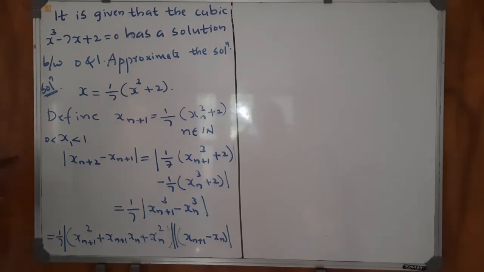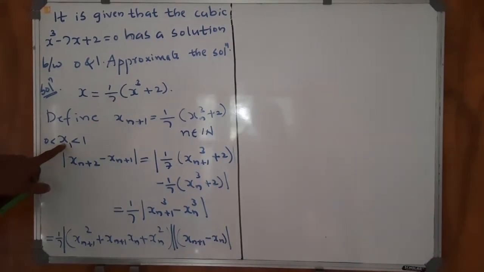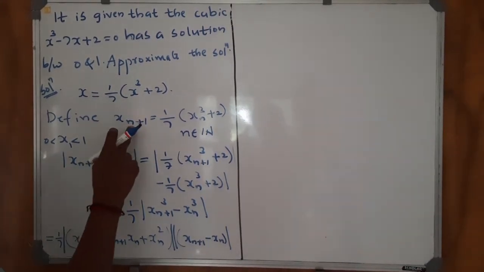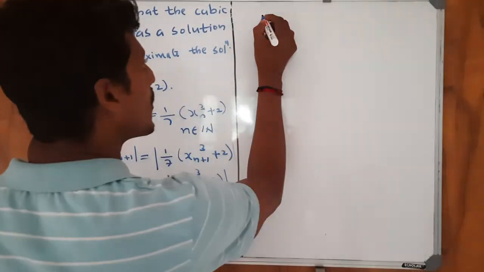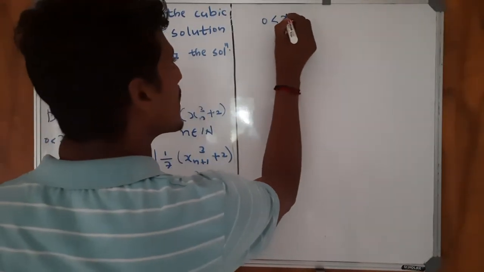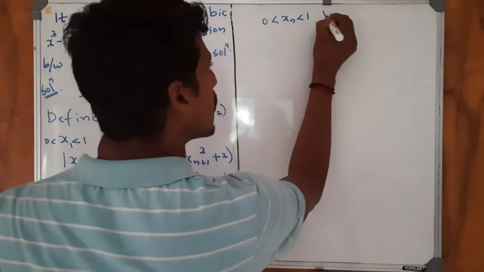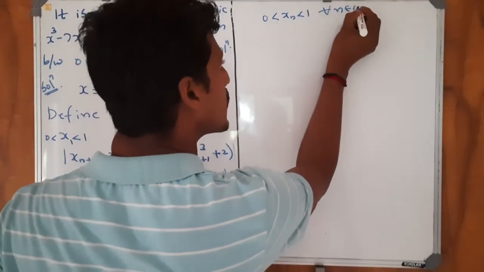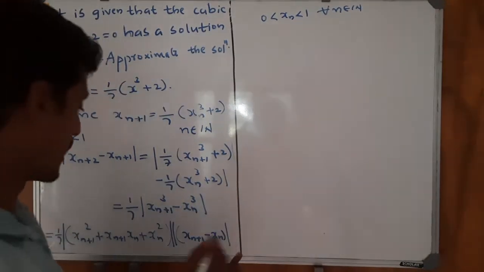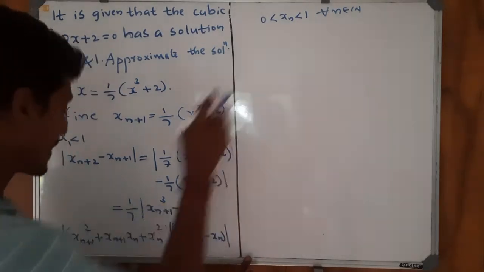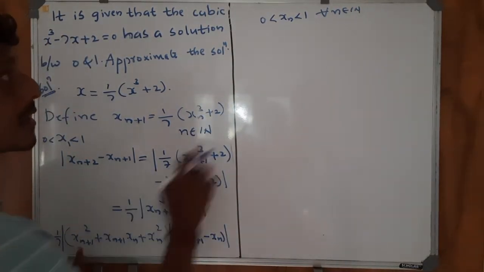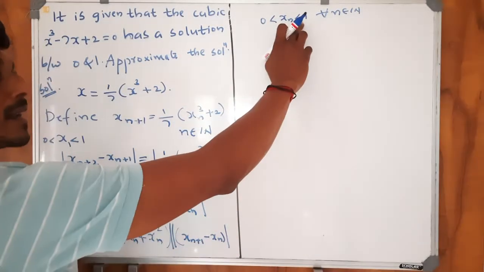And by definition 0 less than x1 less than 1 and xn plus 1 is defined like this. Therefore we have 0 less than xn less than 1 for all n belongs to N. We can easily verify that. Therefore here I replace each of these xn with a real number less than 1.